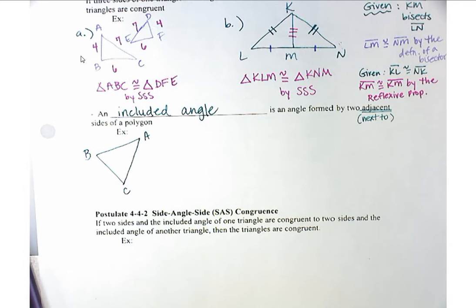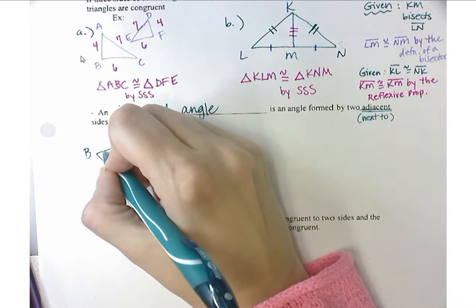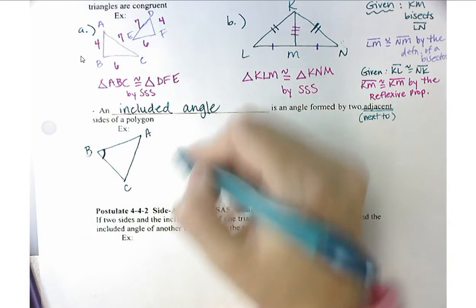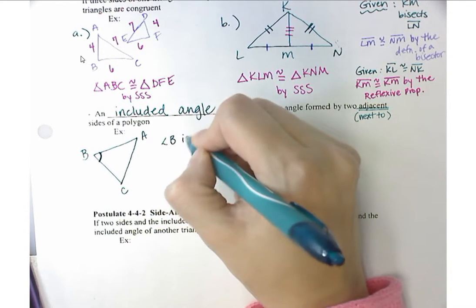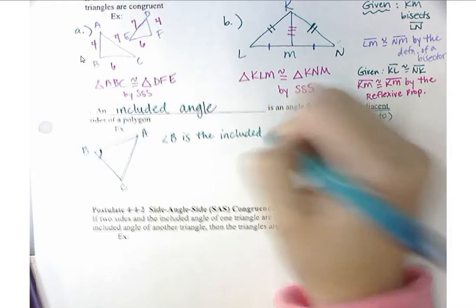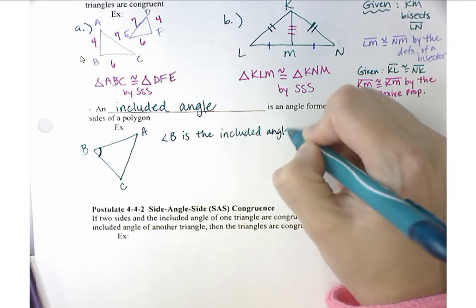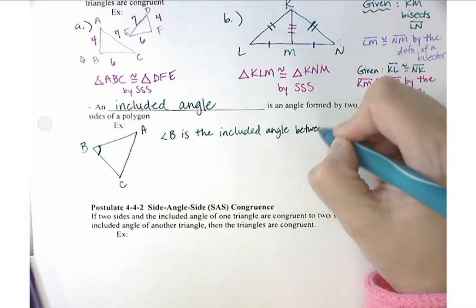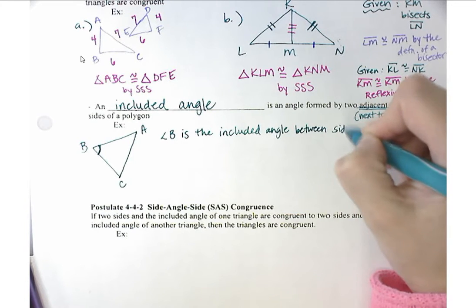And we are going to look at angle B first. Okay, so angle B is the included angle between sides.